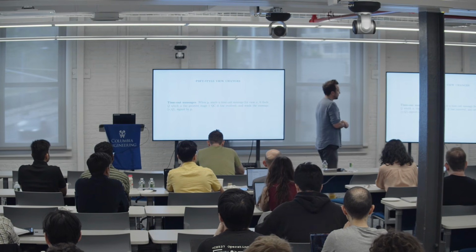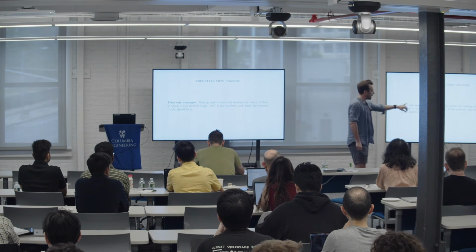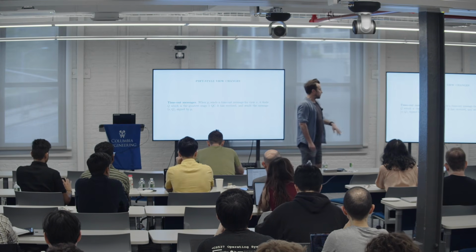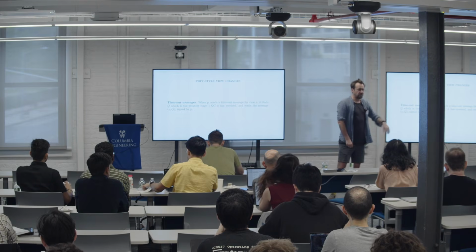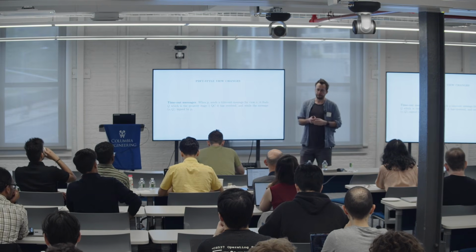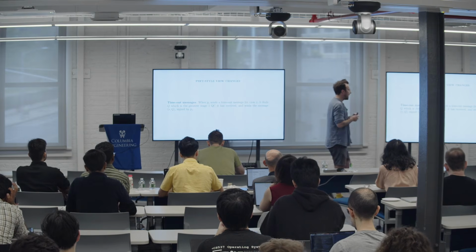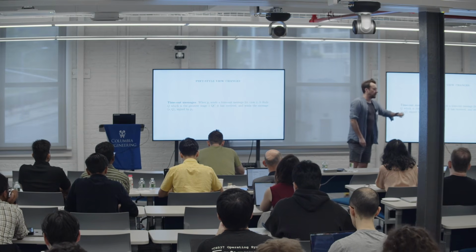Okay, so let's deal with the timeout messages first. When p_i sends a timeout message for view V, it finds Q, which is the greatest stage 1 QC it's received, ordered by view. Then you send the message (V, Q), signed by p_i.